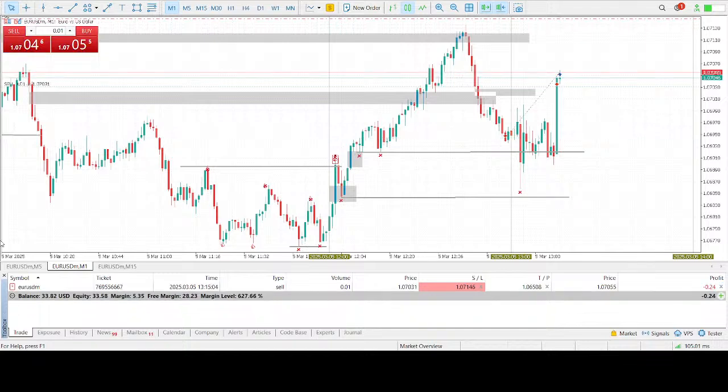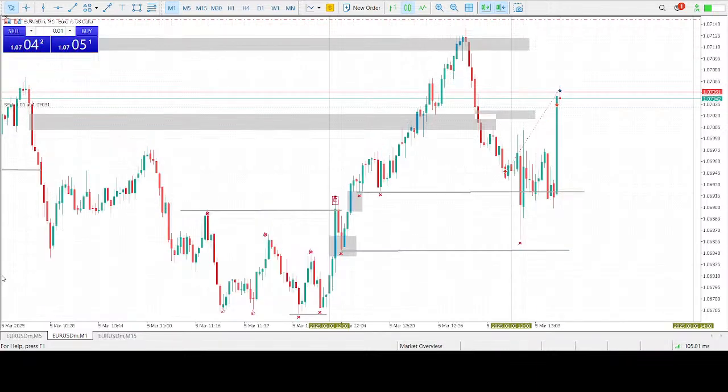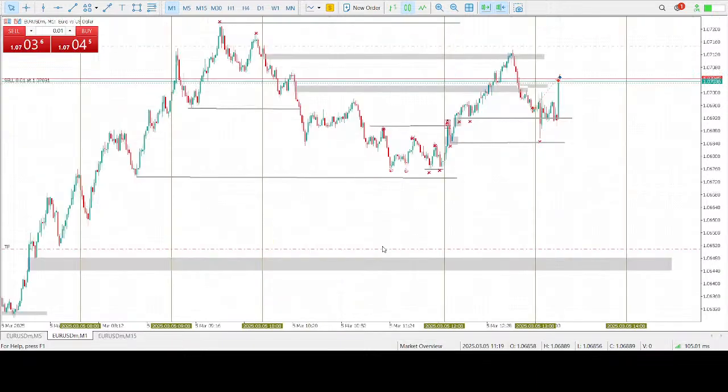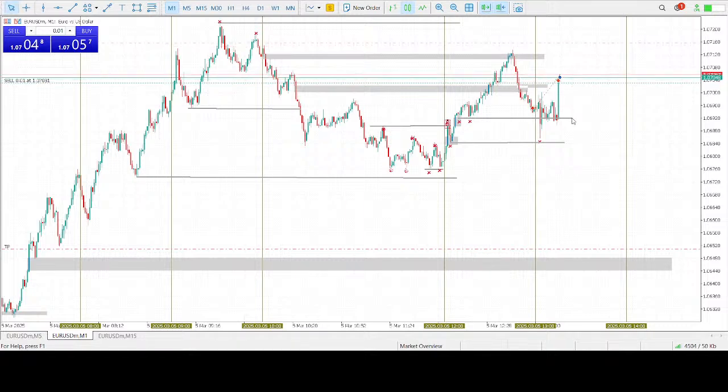I think I'll take out that one and then I'll run with just one of them. It will allow me to slightly adjust this stop loss above here.